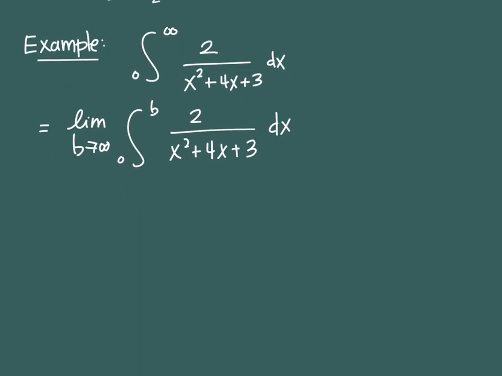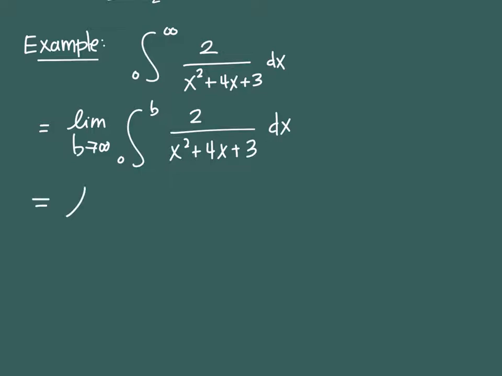Who remembers? We've done the integral of 1 over x, that was easy, natural log of x. We've done the integral of 1 over 1 plus x squared, that was an inverse trig. How about this one? Partial fractions, right?